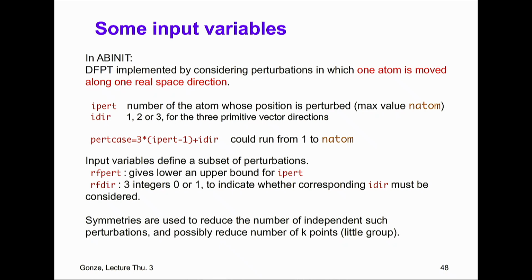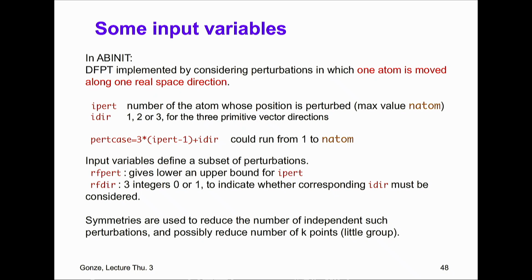The number of the atom whose position is perturbed will be denoted by I_PERT. Of course, the maximum value is natom. And the direction in which it moves is I_DIR, 1, 2, 3 for the three primitive vector directions.